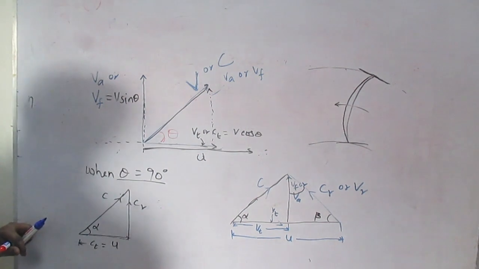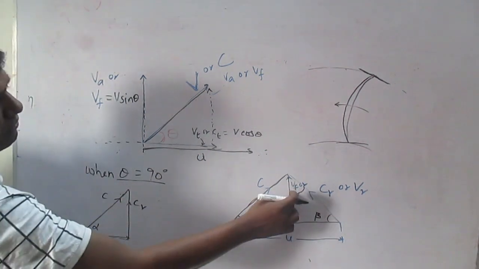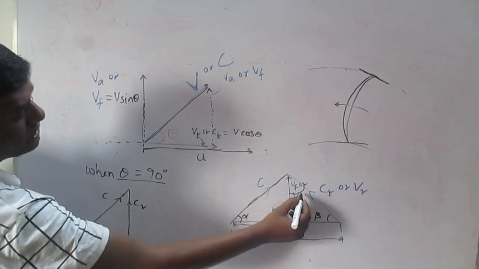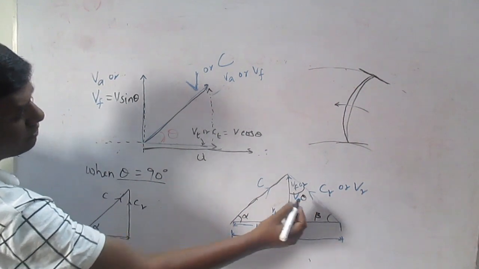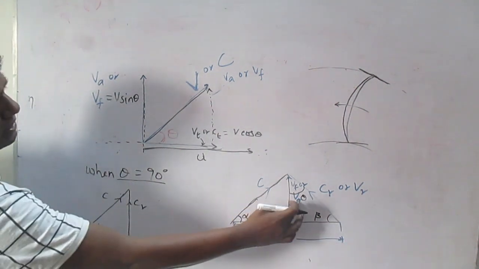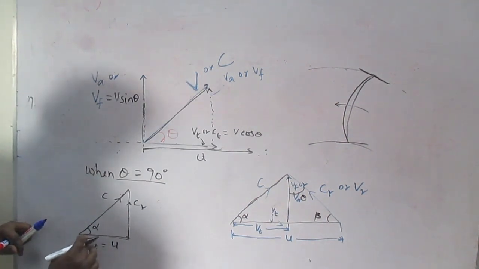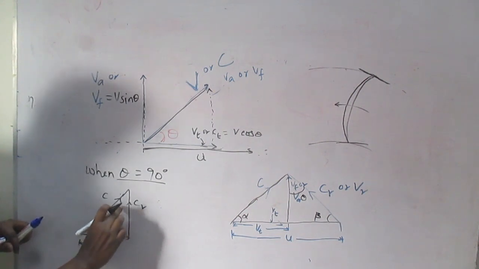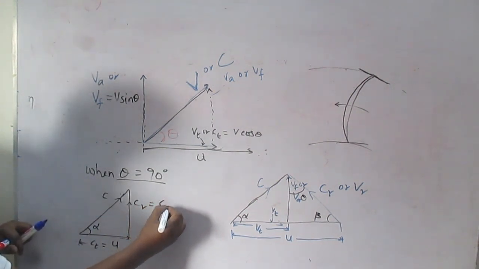Let's say this is theta. If theta equals 0 or beta equals 90 degree, then in that condition our velocity triangle becomes like this. It means now our CR equals CA.